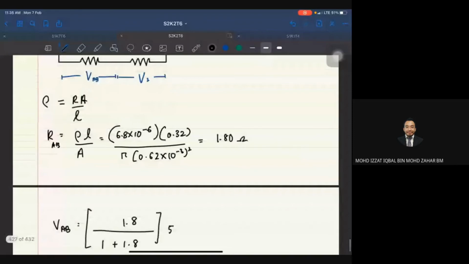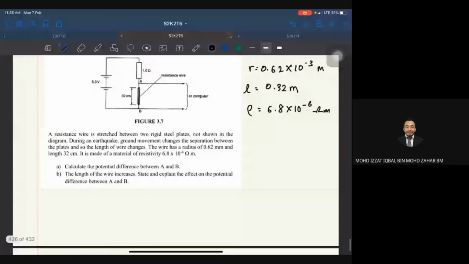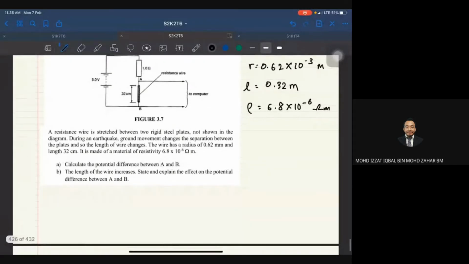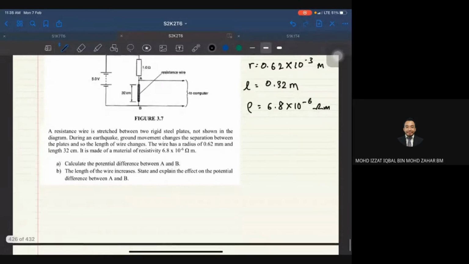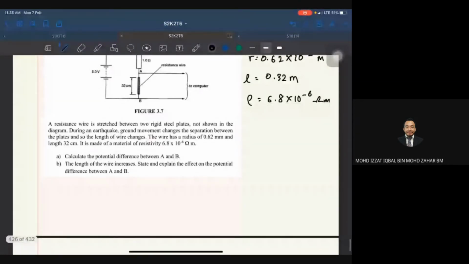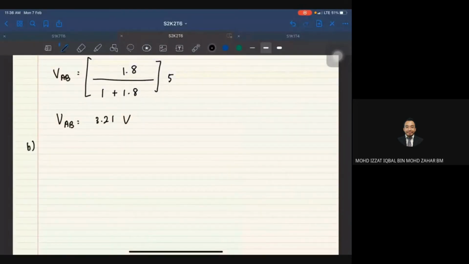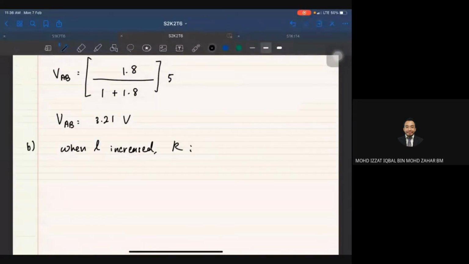And then for question B, they ask you to find the length of the wire. It says that when the length of the wire increases, state and explain the effect on the potential difference between A and B. Okay, it says what happens when the length is increased. So from this equation, you know that when L is increased, R is increased.